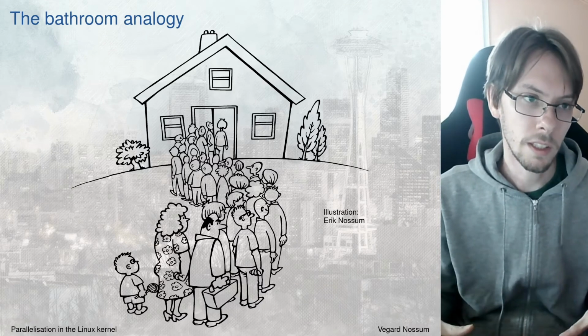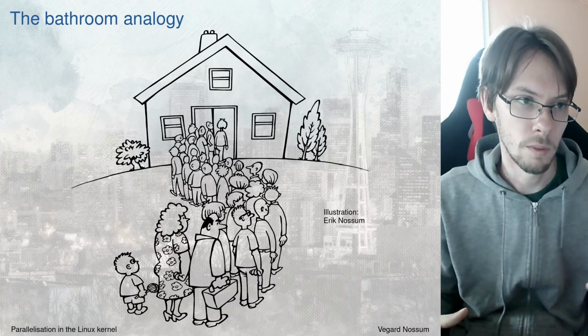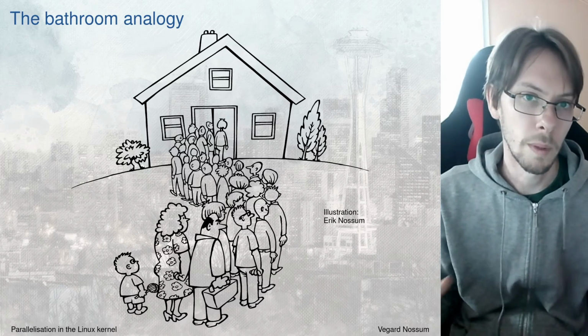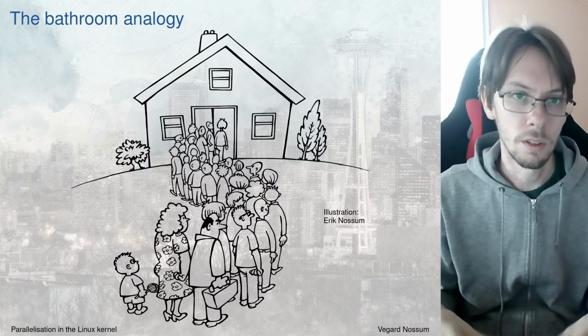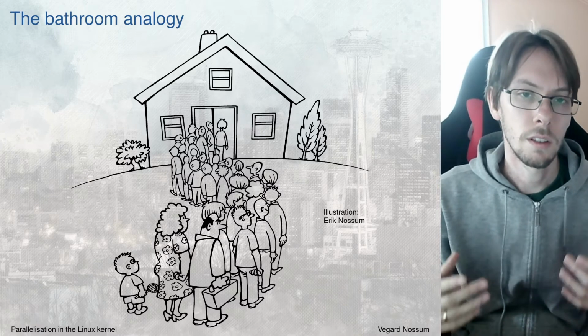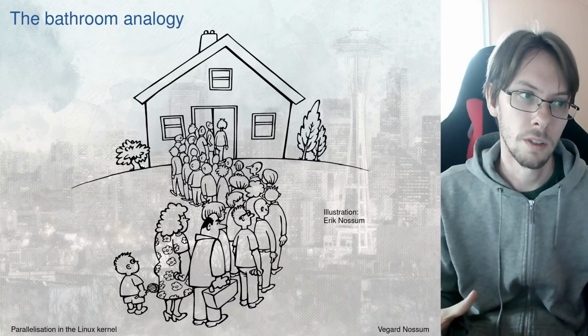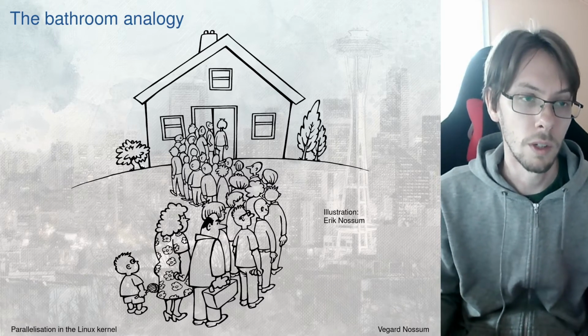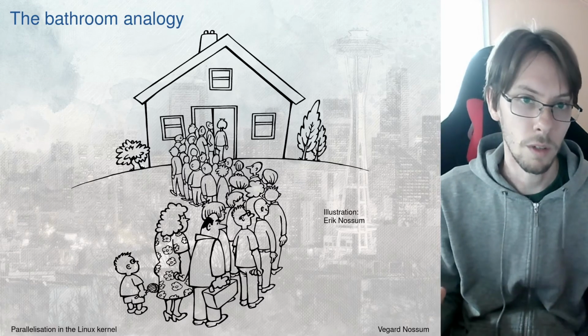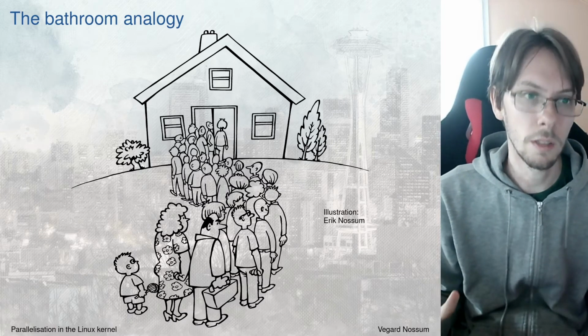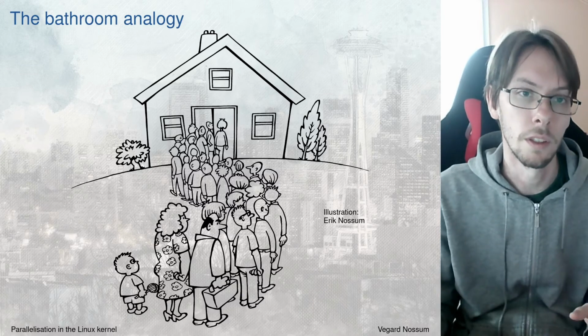And you can typically get away with having a single bathroom for a household of 2 to 4 people without running into too much trouble. You may occasionally run into a situation where people have to go at the same time and you have to wait. But we can deal with that because you don't have to wait too long.